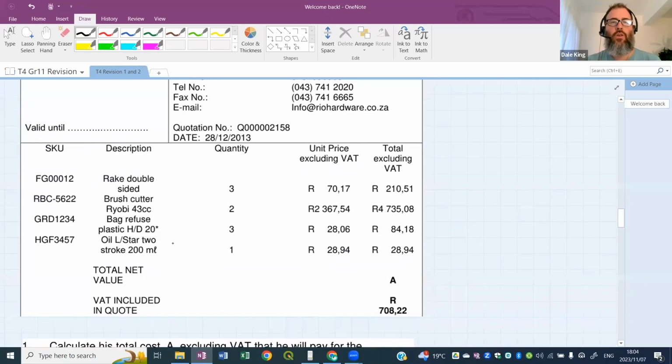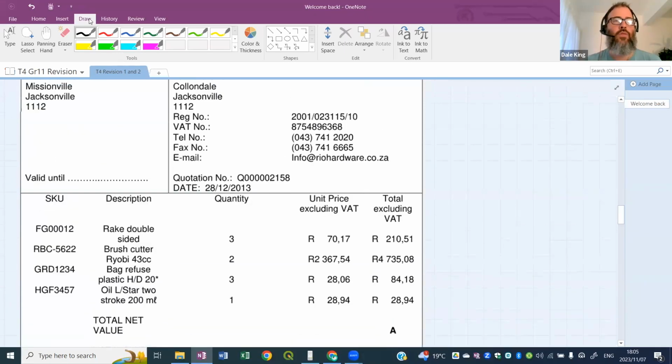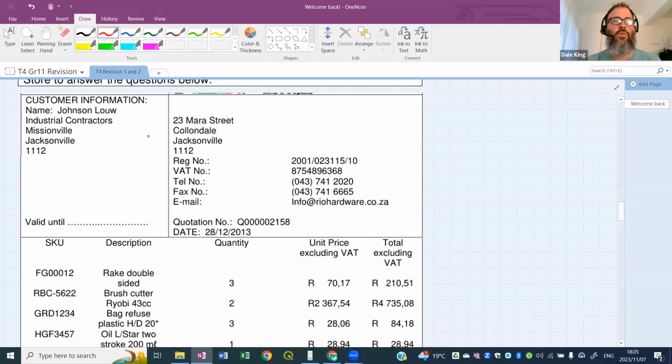Okay, so obviously at the top we have all the general information that we usually do for financial documents. There's the customer information, all right, and then we have the company information over here. So the usual story with financial documents, all the customer and company information, and here is the quotation number, like an invoice number, but a quotation number.